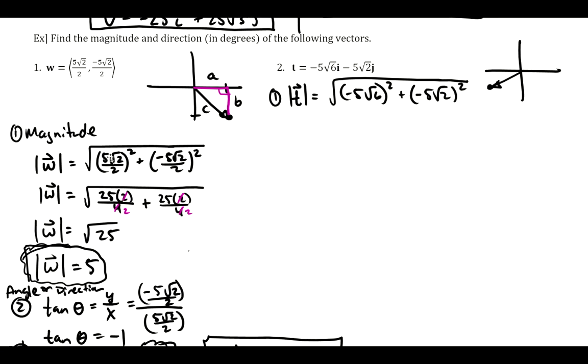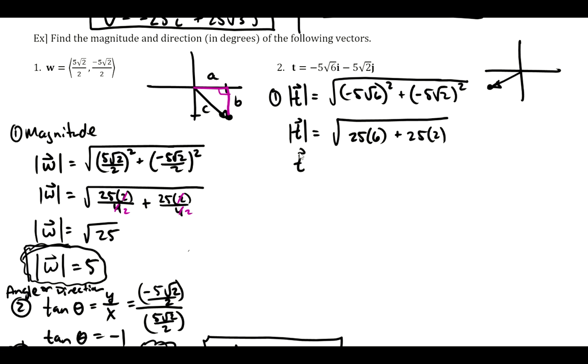All right, anyway, now it's simplify. So the magnitude of t is, when we square this, positive 25 times 6 plus positive 25 times 2. And then we'll continue simplifying this.